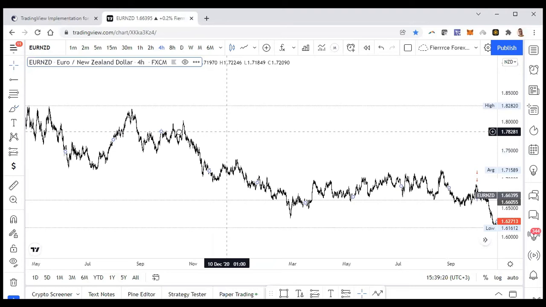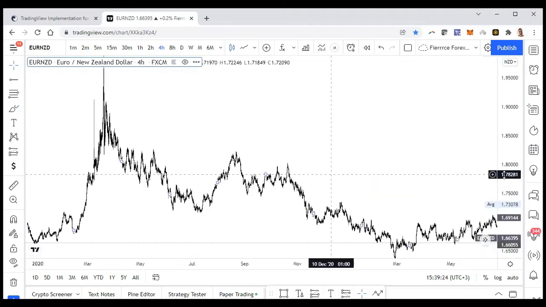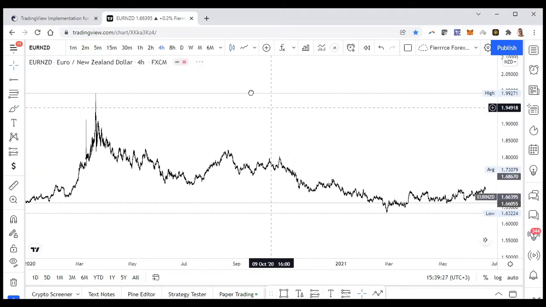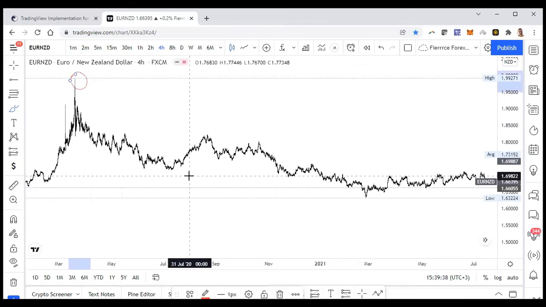And I'm just going to look at, for example, in this scenario, we are looking at Euro NZD. So on a higher time frame perspective, we can clearly see that this is a high, okay?